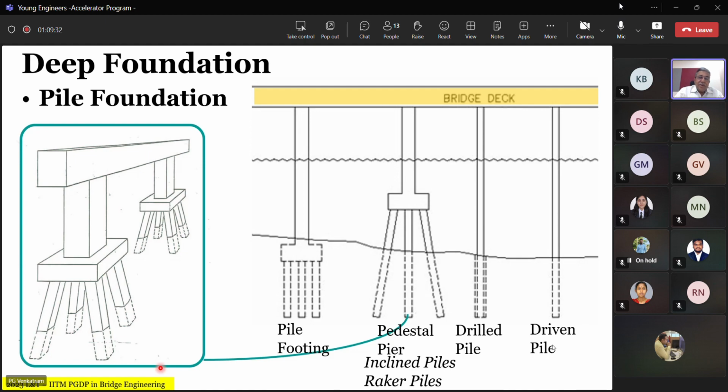Why are you comfortable with the word stability? Why do I think that stability is an incorrect word? Provision of a raker pile in no way improves the stability, but it does something else. What does it do to the foundation?